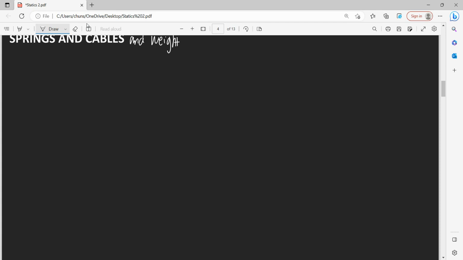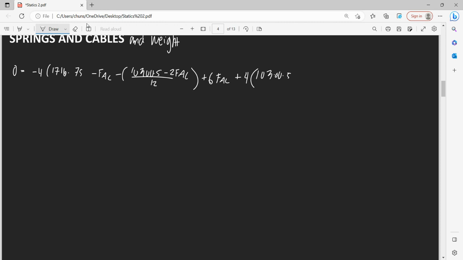Okay, so again, plugging into our first equation, negative 475 minus FAC minus over 12 plus 6 FAC plus 4 or 12.